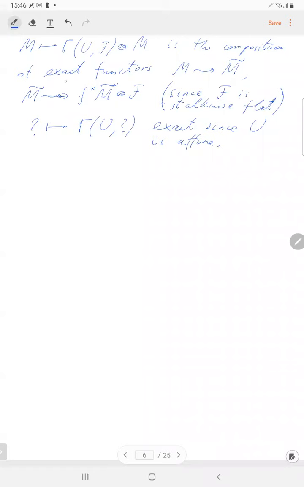So this tensor product functor is exact as the composition of three exact functors. So the lemma is proved.